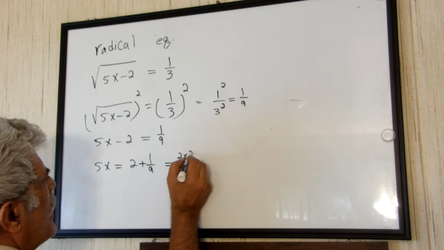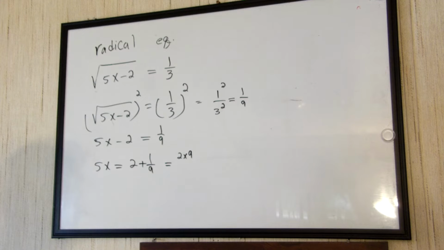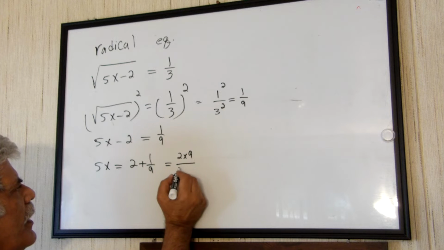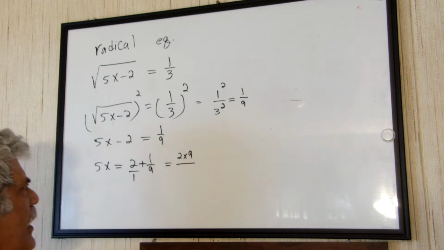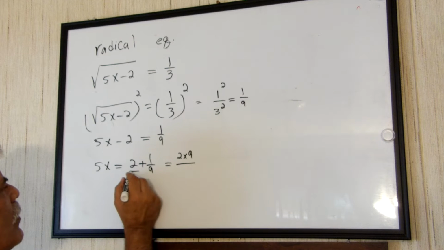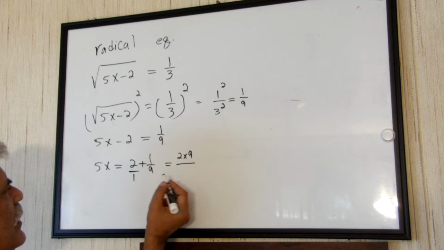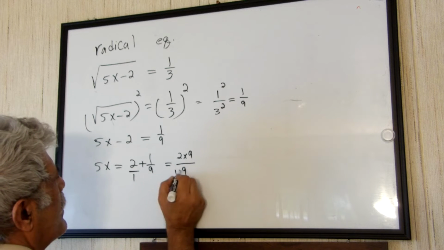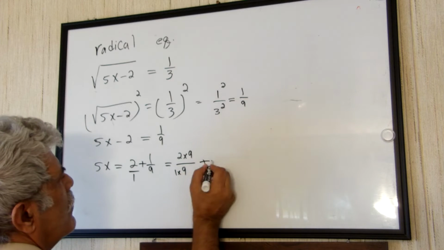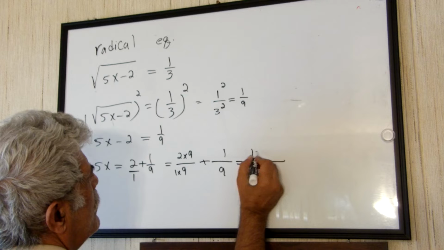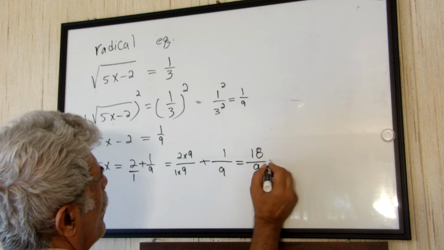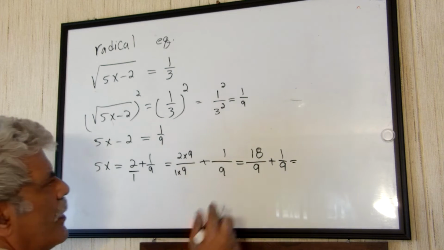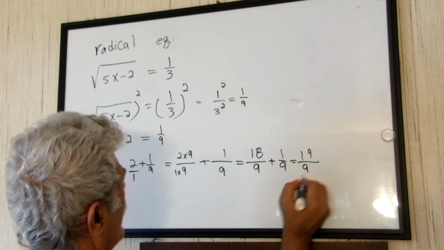We can multiply a fraction by any number, but we have to multiply the denominator by the same number. So 2 over 1 times 9 over 9, plus 1 over 9, is equal to 18 plus 1 over 9. You can simplify here, it's 19 over 9.